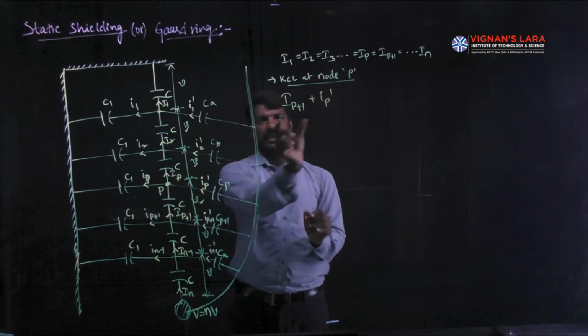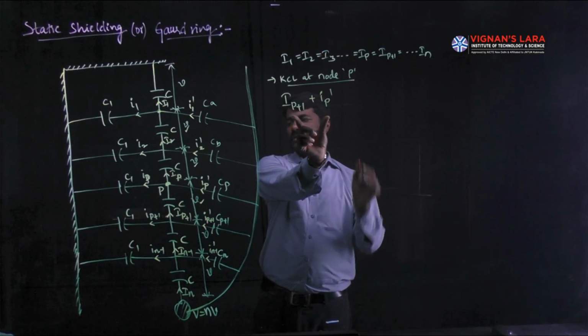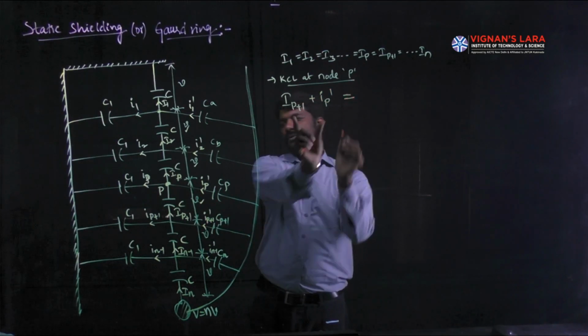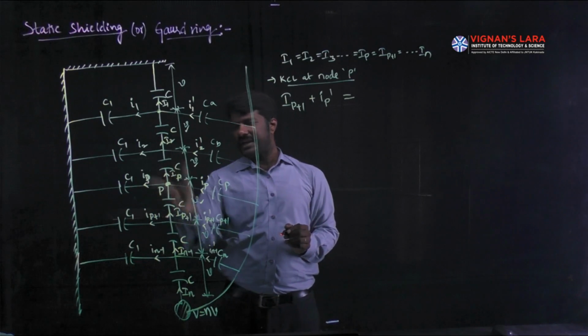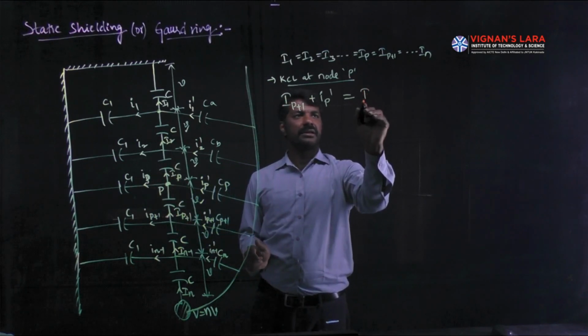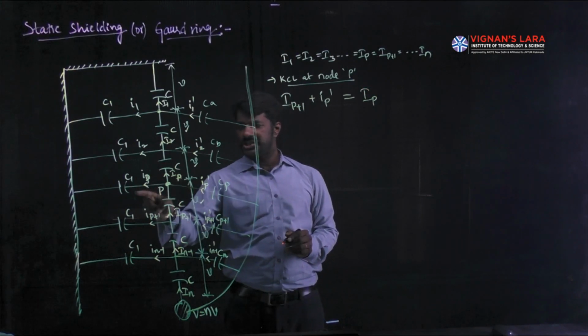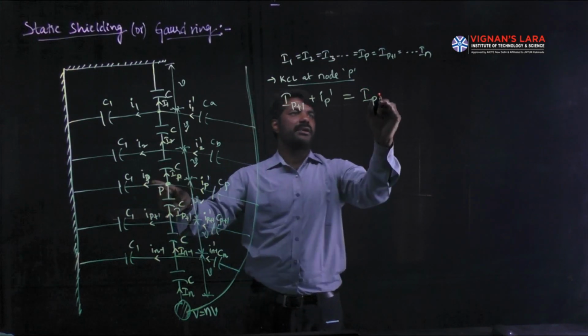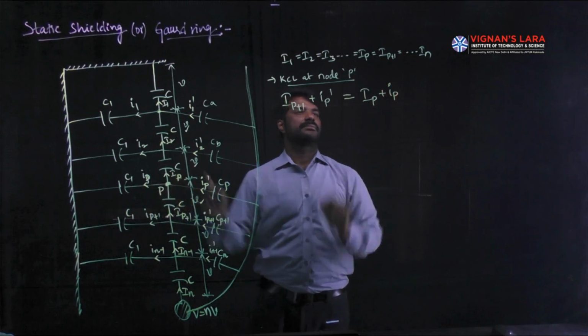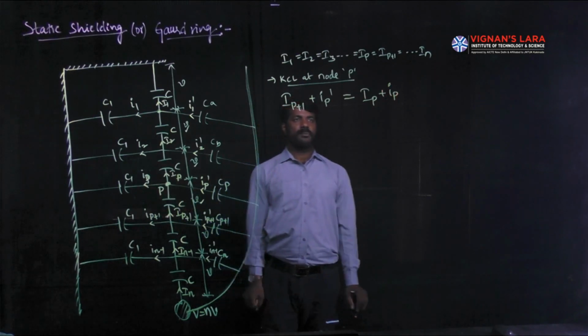Sum of incoming currents must be equal to sum of leaving currents. What are the leaving currents? The pth unit current IP and this shunt branch current small ip. Yes, this is the KCL at that node P.